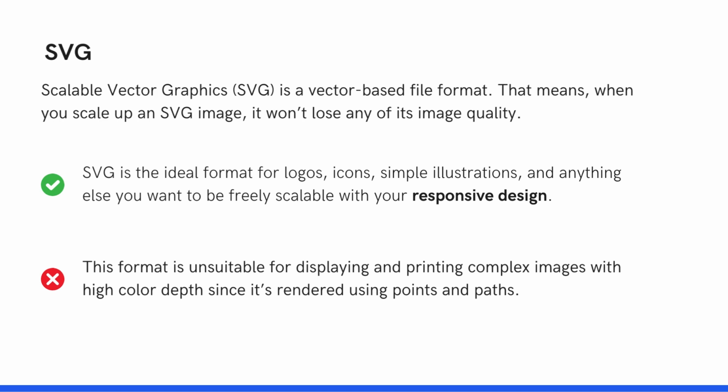SVG is the ideal format for logos, icons, simple illustrations, and anything else you want to be freely scalable with your responsive design. This format is unsuitable for displaying and printing complex images with high color depth since it is rendered using points and paths.